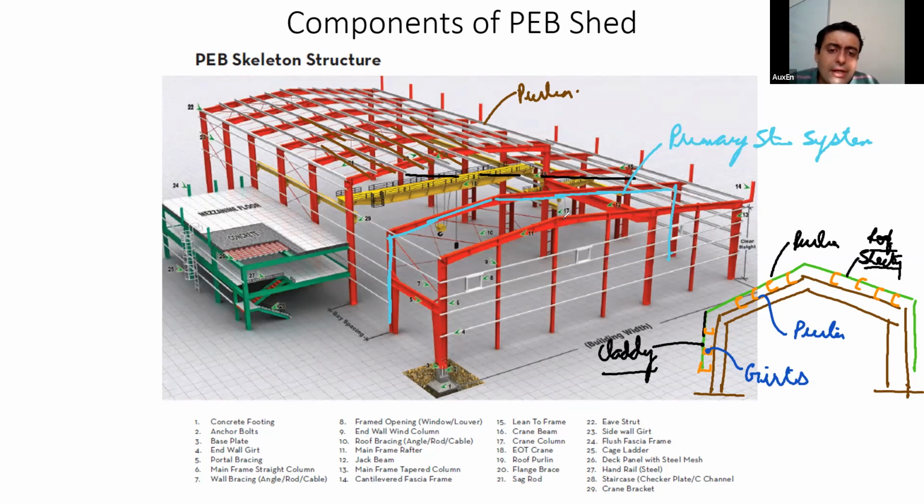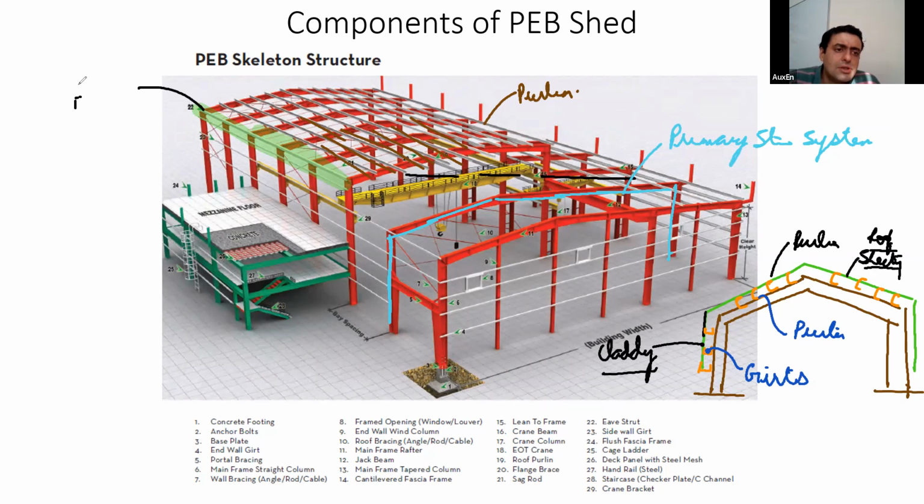Then another element that you see over here at the top, I just highlighted it using a highlighter. Generally, what you see at the top surface, this element is called the eave strut. Don't worry, I will come to this in detail later on.